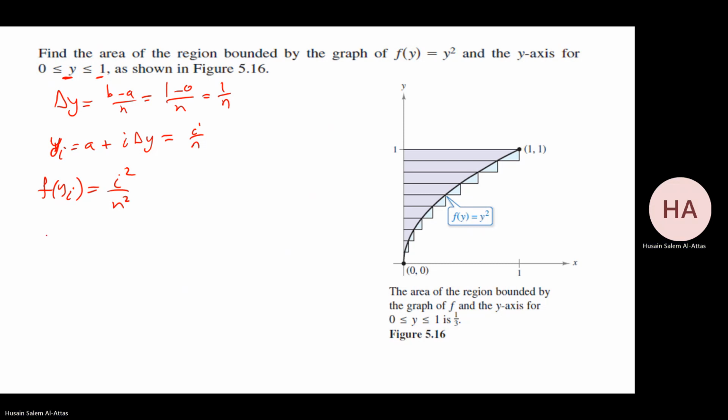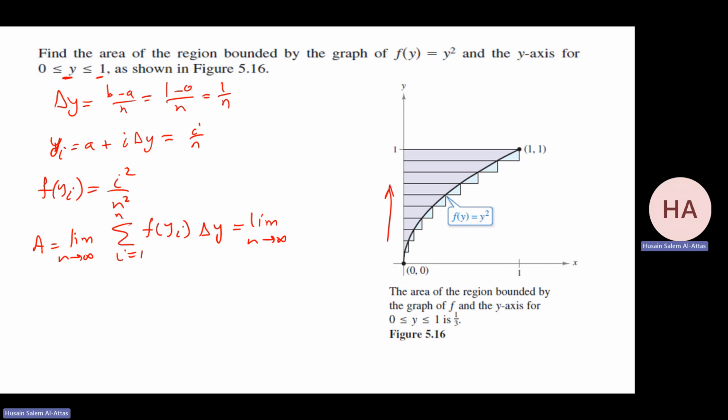Okay. The area is the limit as n goes to infinity of the summation of f of yi delta y. I'm dealing in the y side, since I'm doing the summation like this, the approximation.